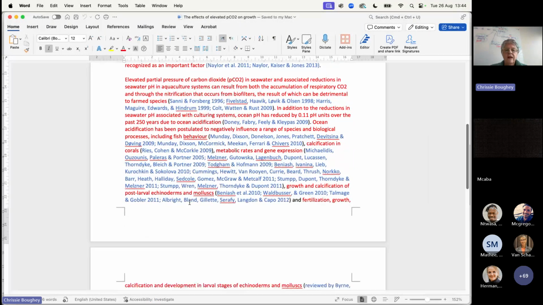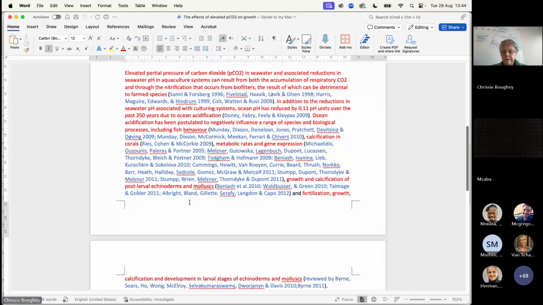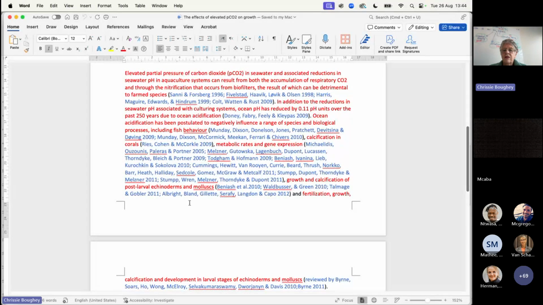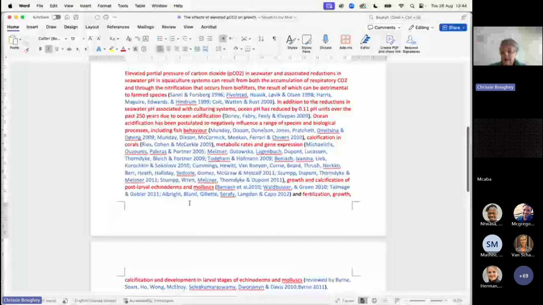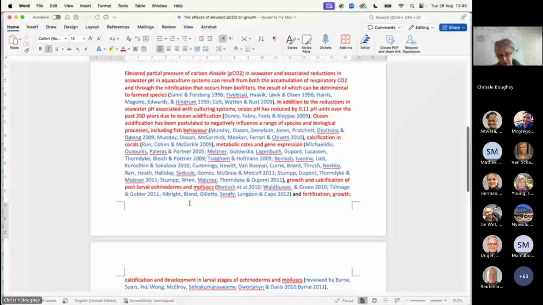If you look at that third paragraph there, it begins, elevated partial pressure of carbon dioxide in seawater and associated reductions in seawater, okay? I don't understand this theory because I'm not an ichthyologist, I'm not a scientist. But I wonder, could you switch off, everybody mute yourselves, please?